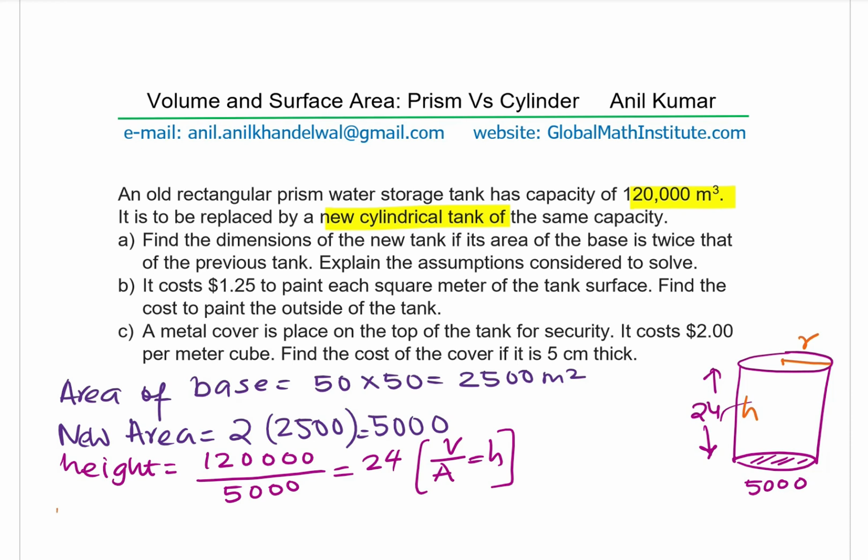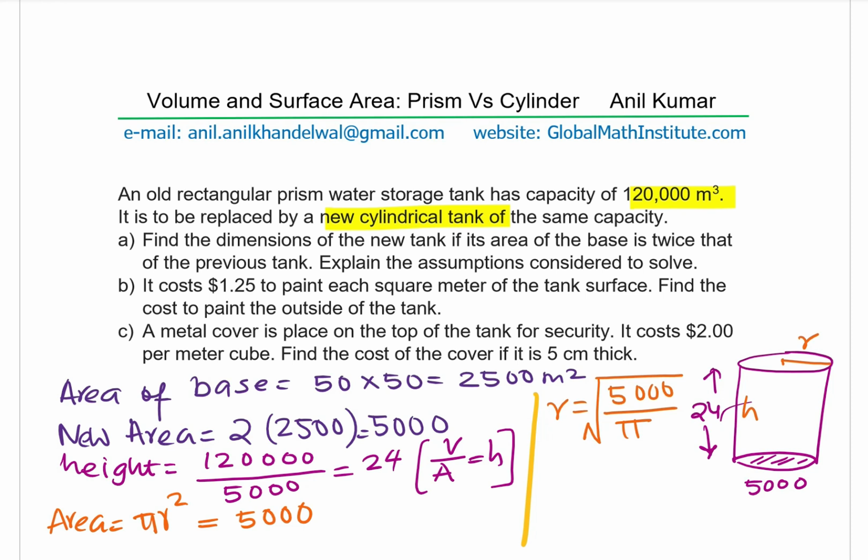So area is equal to pi r square, and that is equal to 5,000. So from here, we can get the value of radius. So the radius is equal to 5,000 divided by pi, and that is the square, so we'll have to square root it.